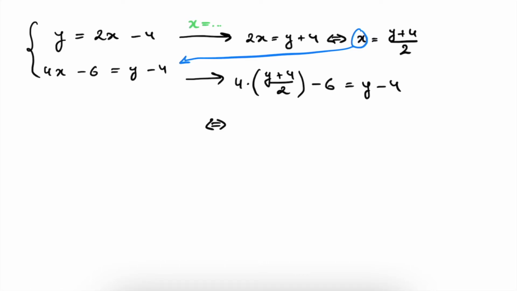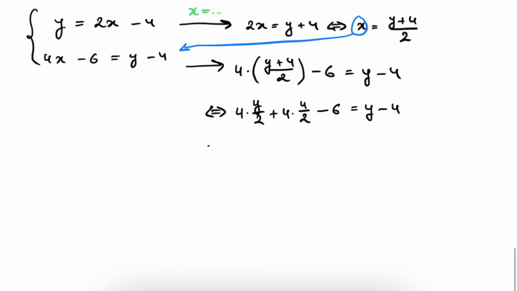So we get that 4 times y over 2 plus 4 times 4 over 2 minus 6 is equal to y minus 4. Rewriting this, we get 2 times y plus 8 minus 6 minus y is equal to minus 4. And in this step, I also brought this y to the other side of the equality sign.